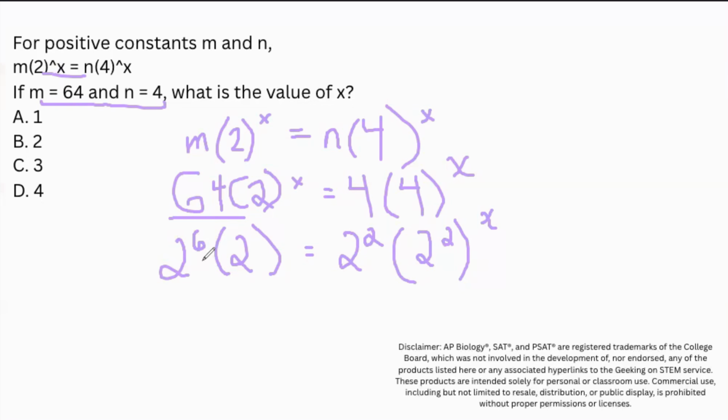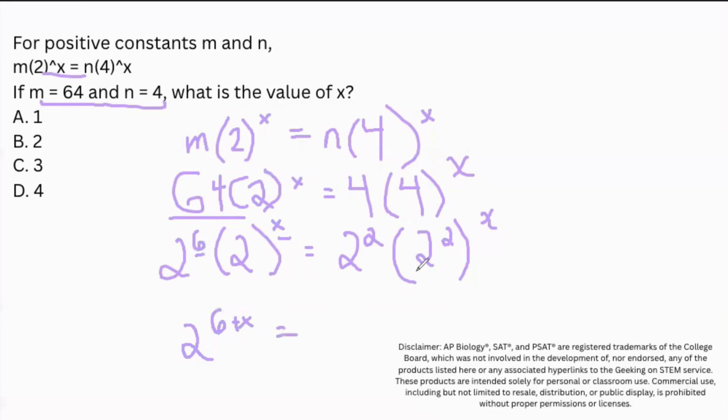So this is the same thing as saying 2 to the 6 plus x. And where I got that from is because I have the same base and we're multiplying, so we can add these values together. If we were dividing, remember, we would subtract.